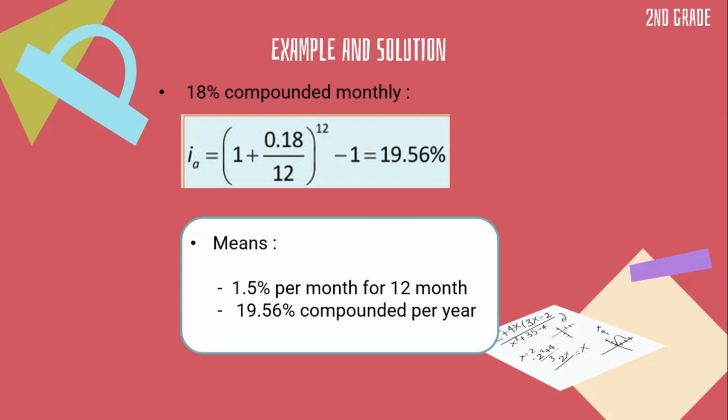So the answer is 19.56%. So that means 1.5% per month for 12 months and 19.56% compounded per year.